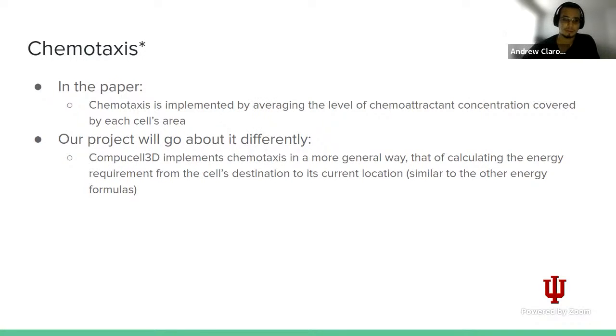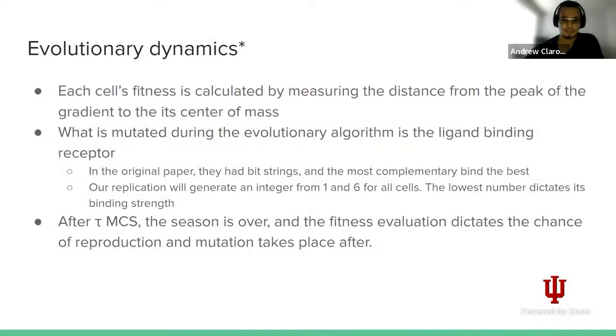So how chemotaxis is implemented in CompuCell is it measures how much lower the energy would be, minimizing the energy, between where it wants to go and where it is. And if it ends up lowering its current energy state, then it will do that action. I'm going to go to the next slide.